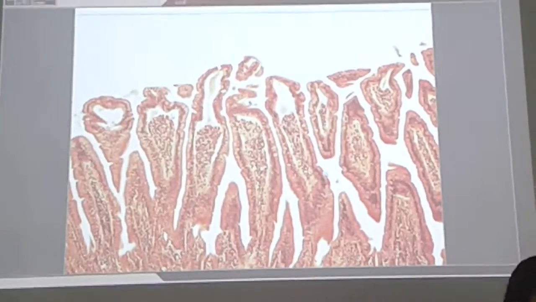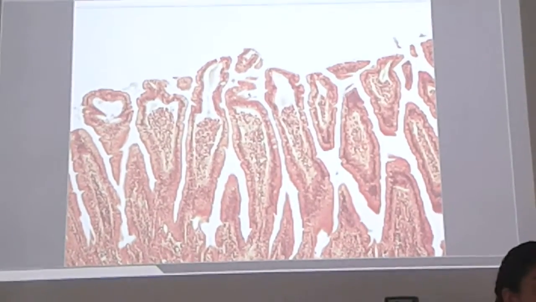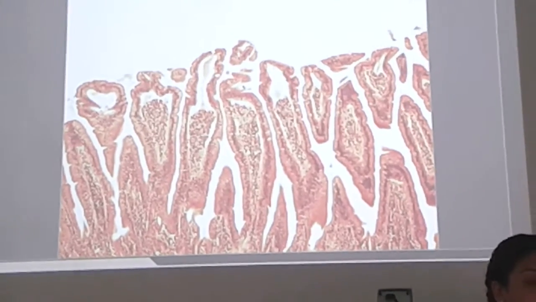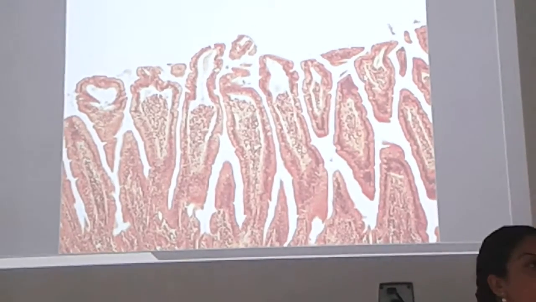Structures in the mucosa, these structures are villi, okay? See, these individual structures are villi. And the villi are lined by simple columnar epithelium.